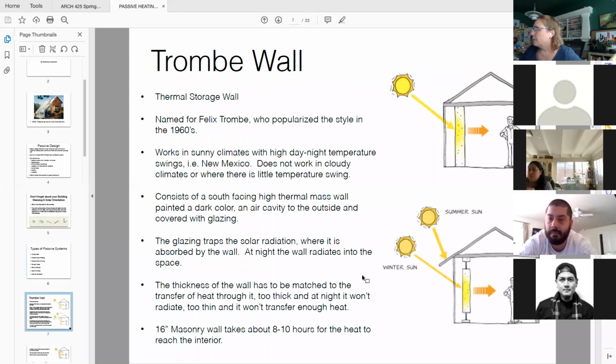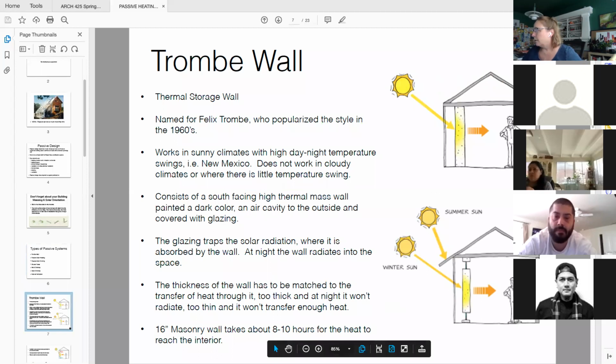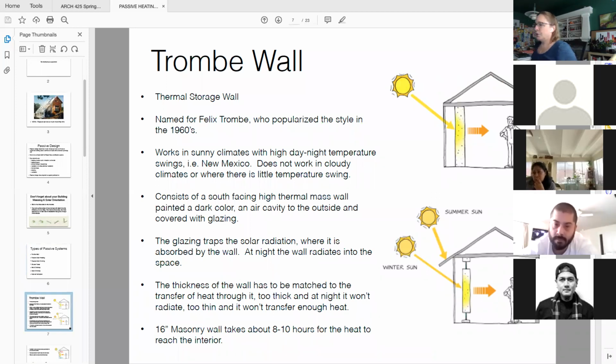Okay, let's start by looking at the Trombe wall. This is essentially a thermal storage wall. It was named for this guy, Felix Trombe, who made this popular in the 1960s.